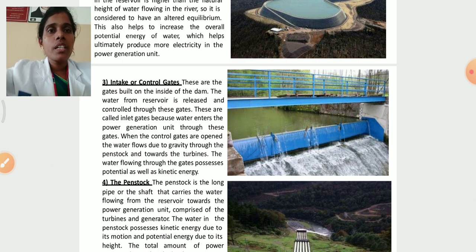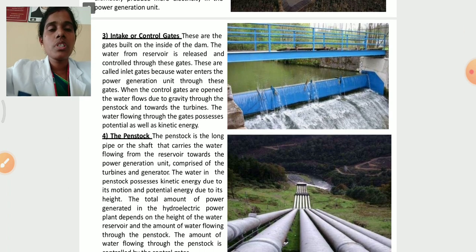When the control gates are open, the water flows through the penstock due to gravity towards the turbine. The hydraulic pressure hits the turbine and starts it rotating, which produces mechanical energy, and then electrical energy, as the shaft is coupled with the generator.